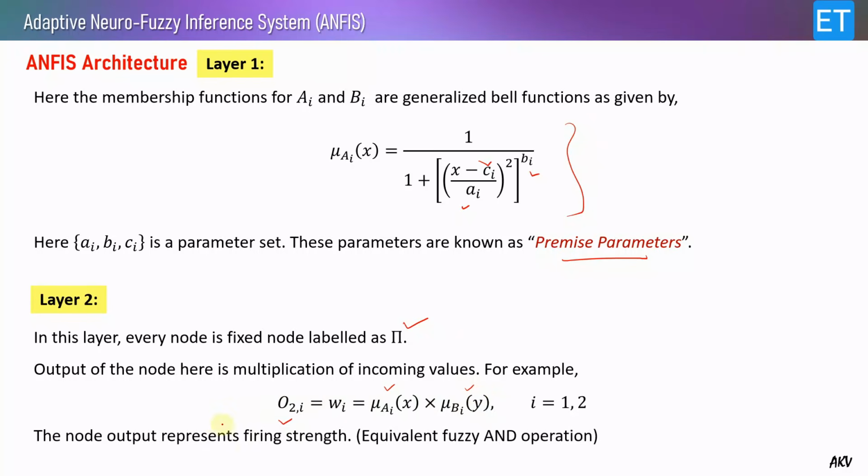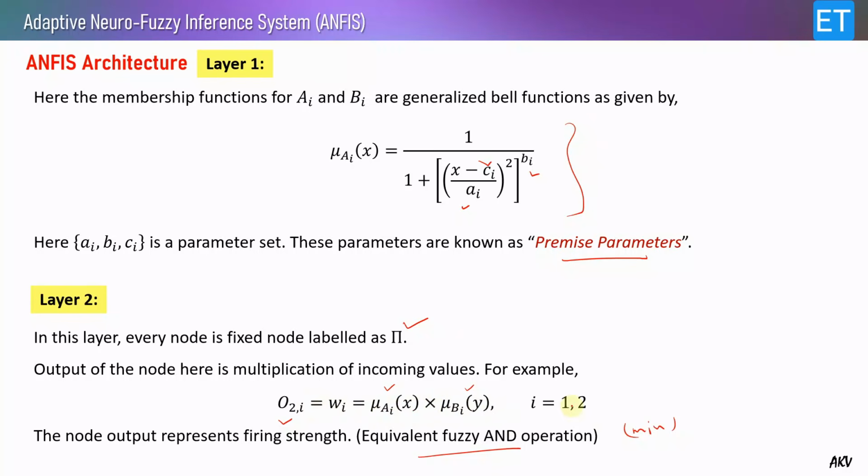The node output represents the firing strength, and this operation is equivalent to the fuzzy AND operation. So it means I will perform the minimum operation. Later I will tell you what is equivalent to this mu Ai(x) times mu Bi(y).